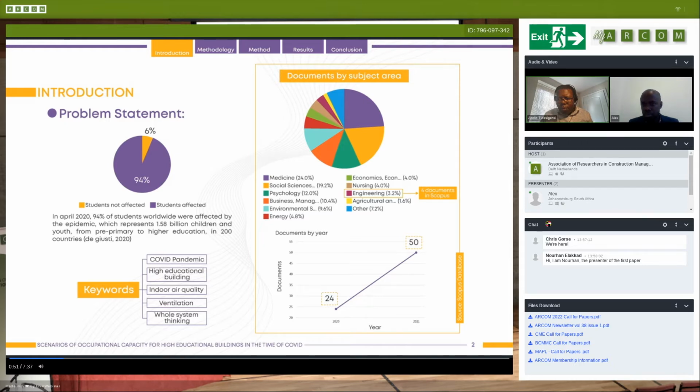The pie chart showed the percentage of documents about COVID-19 in all fields, and engineering was the least field to publish about COVID. The total documents in 2020 was 24 papers, and it increased to 50 papers by 2021.